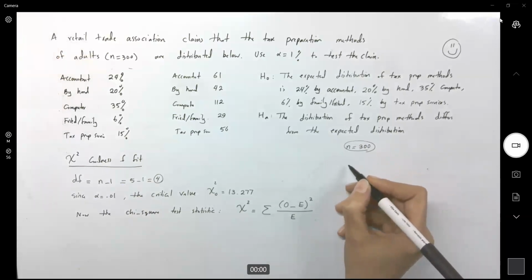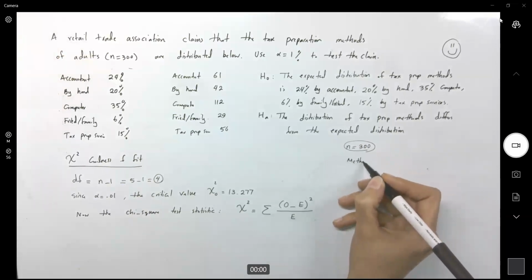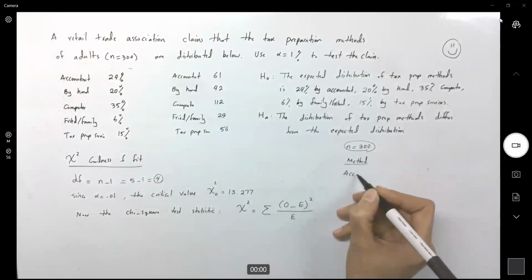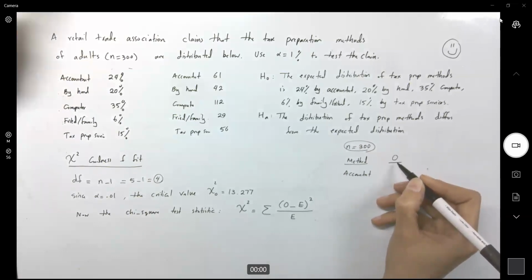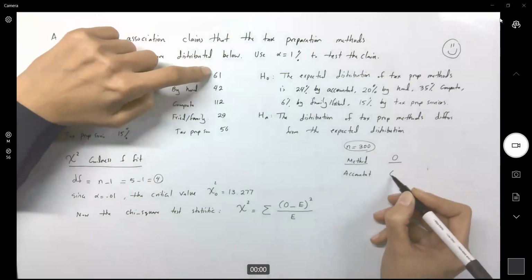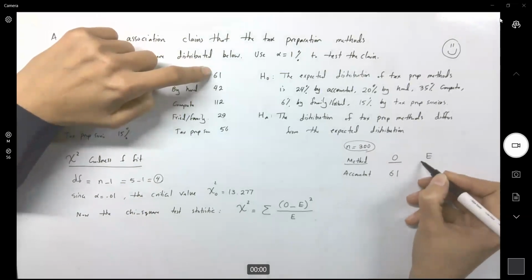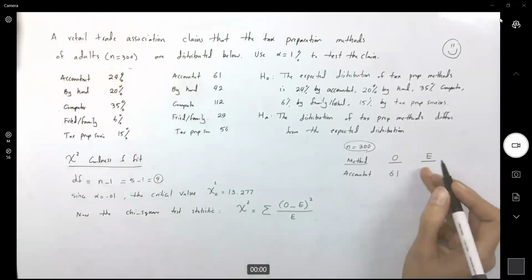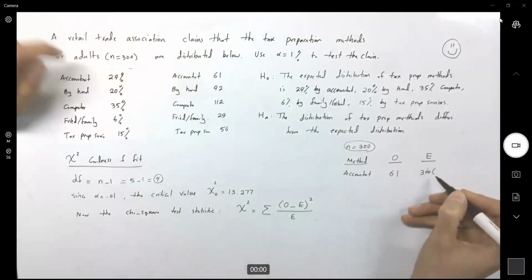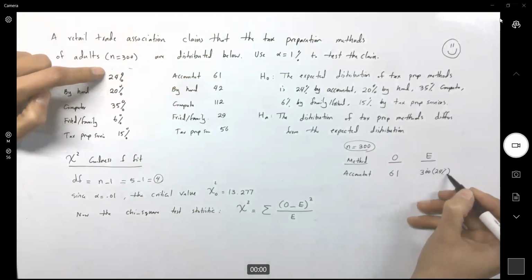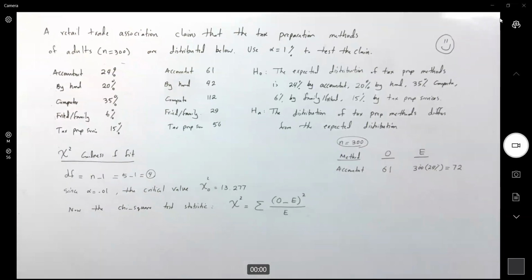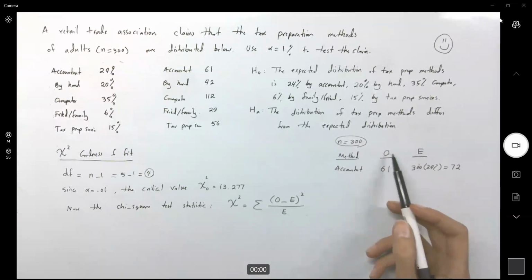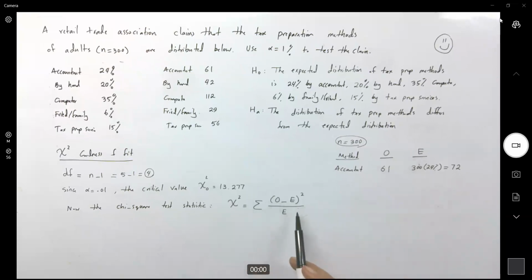So for the accountant, the observed frequency, O, is equal to 61. The expected frequency is going to be 300 times 24%, which is equal to 72. So one by one, we're going to build E and O and then plug them into this formula.